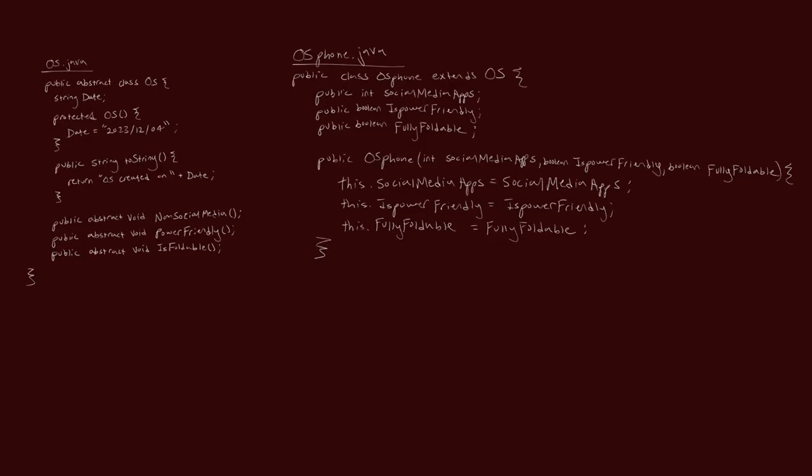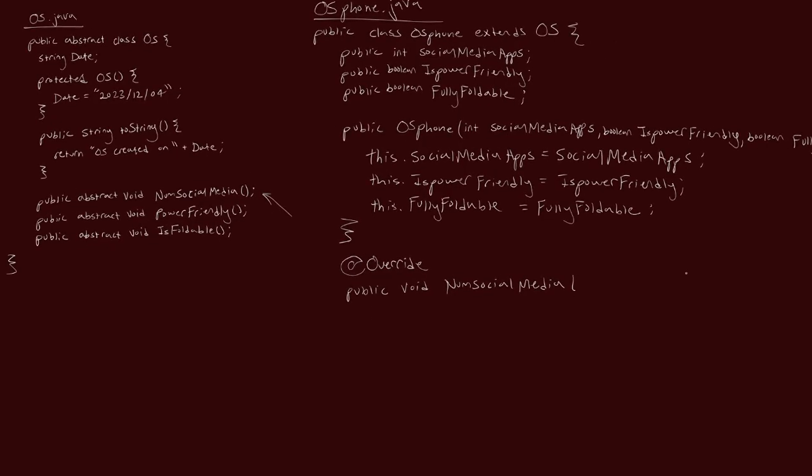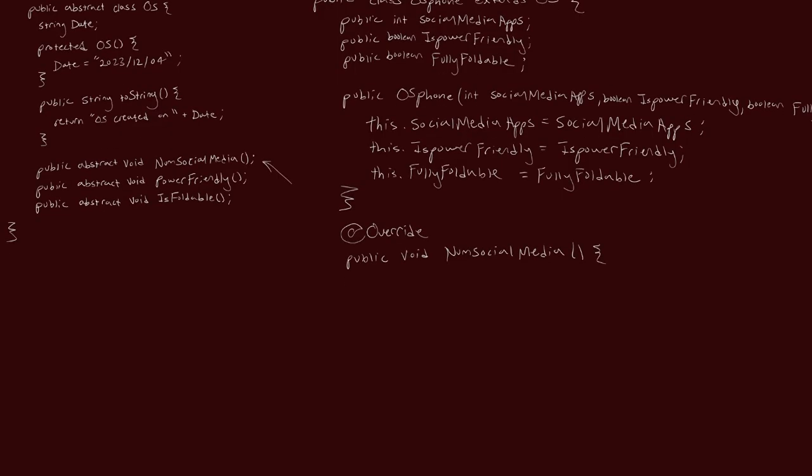Now it's time for the method. So we have to include this method, the numSocialMedia one. So we'll do @Override, and then we do public void numSocialMedia. No parameters are passed in. Okay, and then we'll do a print statement. So System.out.println.